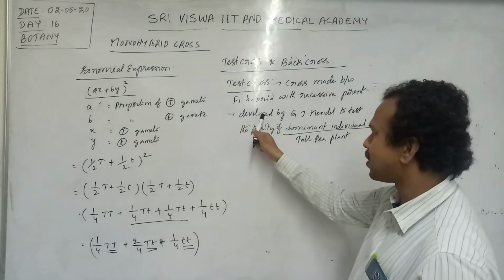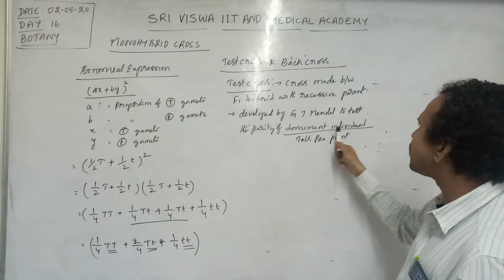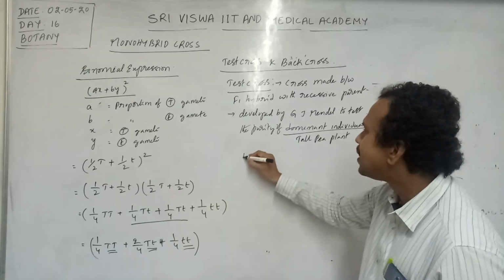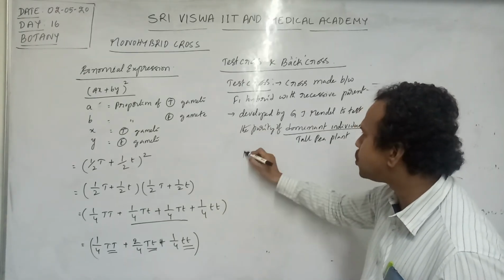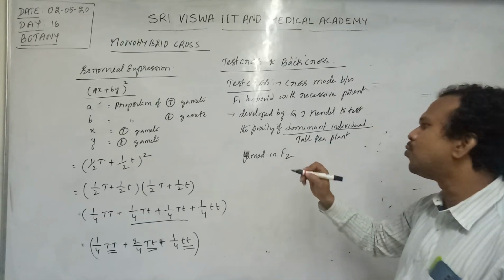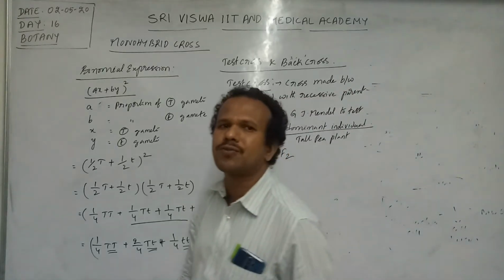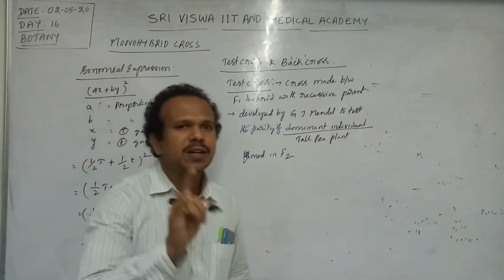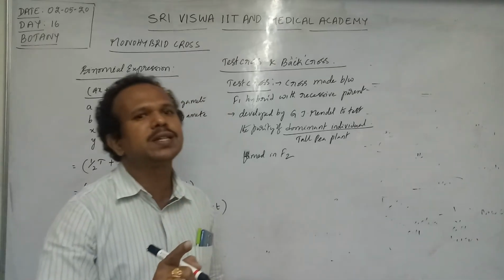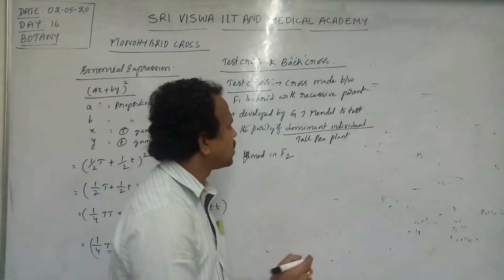So the most important point: this test was developed by Gregor Johann Mendel to test the purity of the dominant individual formed in F2, because in F2 two types of dominant individuals are formed. Two types of tall plants are formed. One is homozygous tall and another one is heterozygous tall.